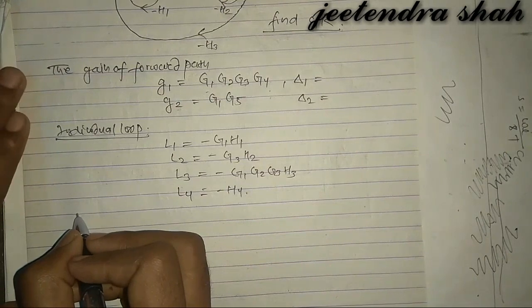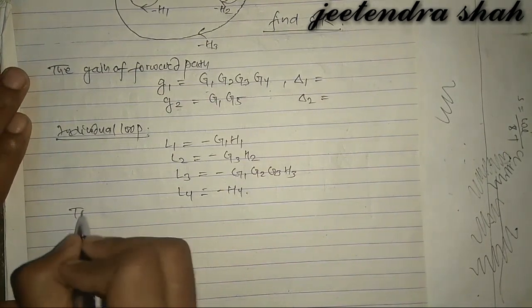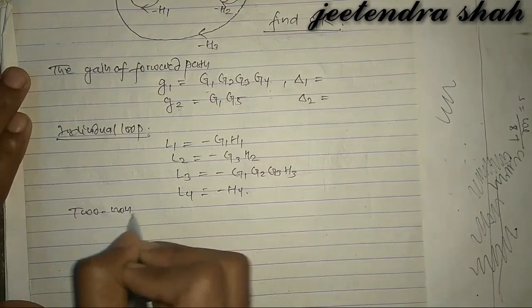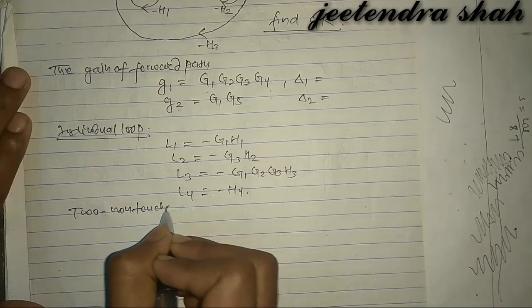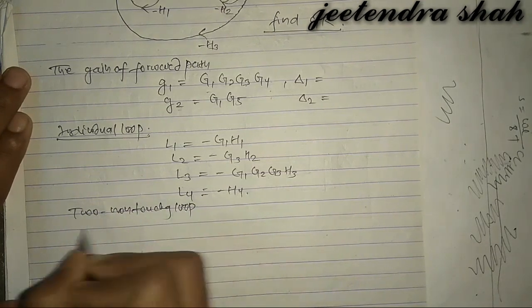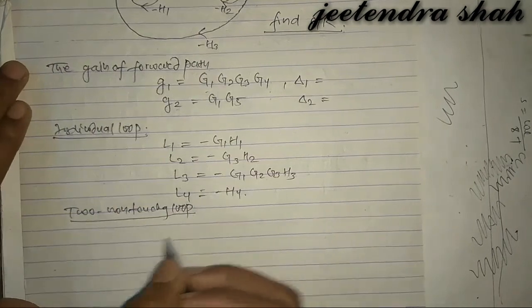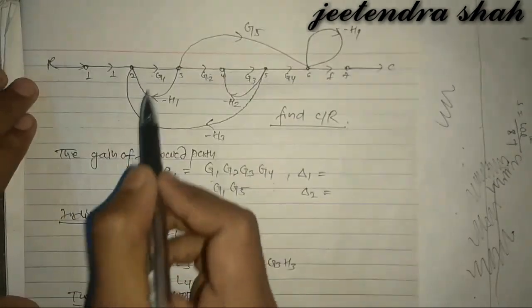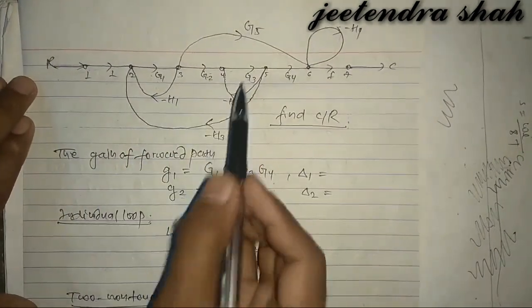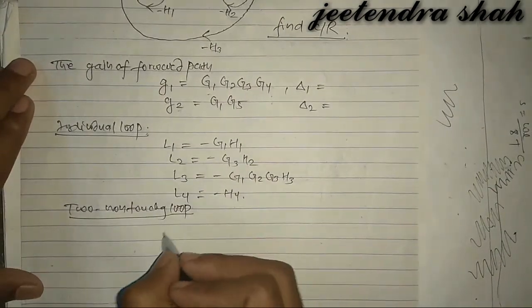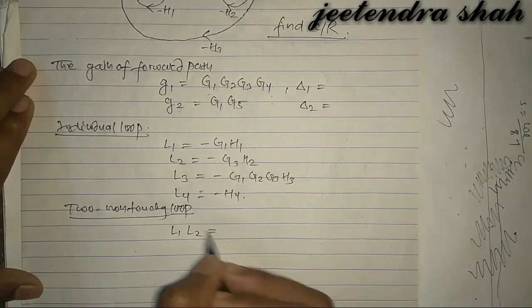Now we have the individual loops, and for the two non-touching loops, we have this loop and this loop non-touching. So L1 and L2 are non-touching.